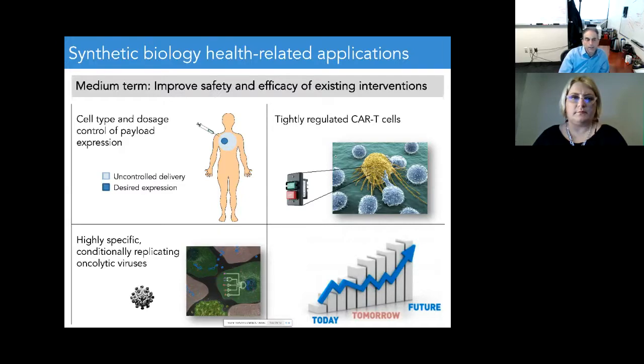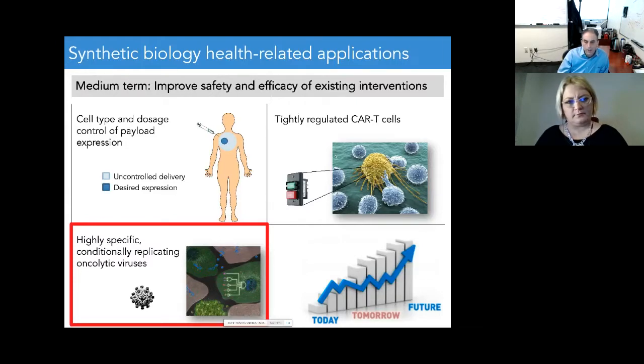One thing that's coming up in the medium term is this notion of taking immune cells, your T cells, and genetically engineering them to target cancer cells. And with synthetic biology, you can make that highly specific so that they only attack tumor cells and rarely attack healthy cells.